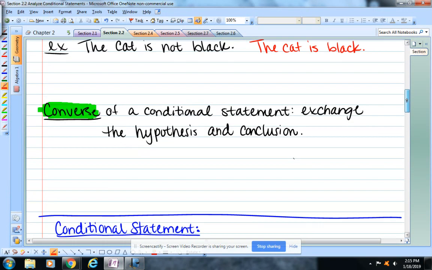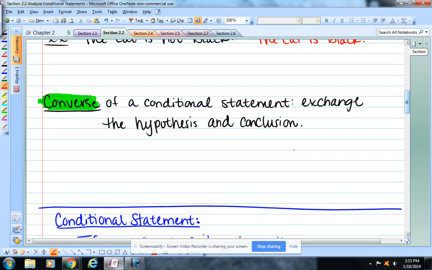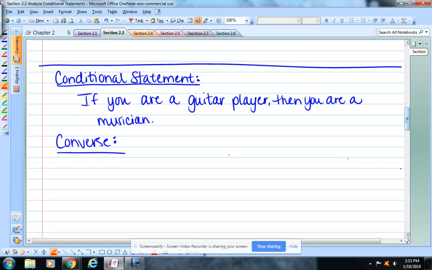All right. Converse. That's where I'm at. So he had the statement, if you are a guitar player, then you are a musician. Now, to get the converse, we're going to swap the hypothesis and the conclusion. So what's the hypothesis of this statement? You're a guitar player.